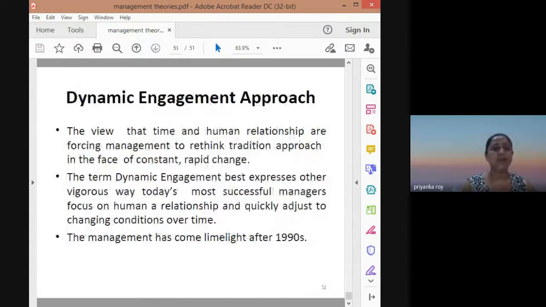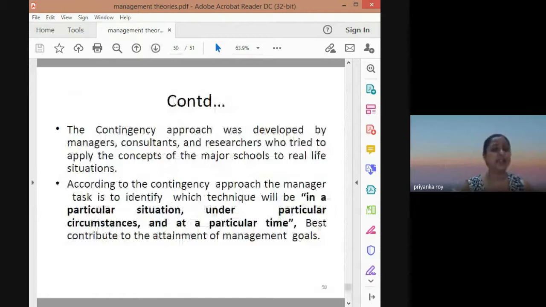Then we have the contingency management theory itself, which was developed by Fred Fiedler. This theory primarily focuses on the idea that no management approach works for every organization.